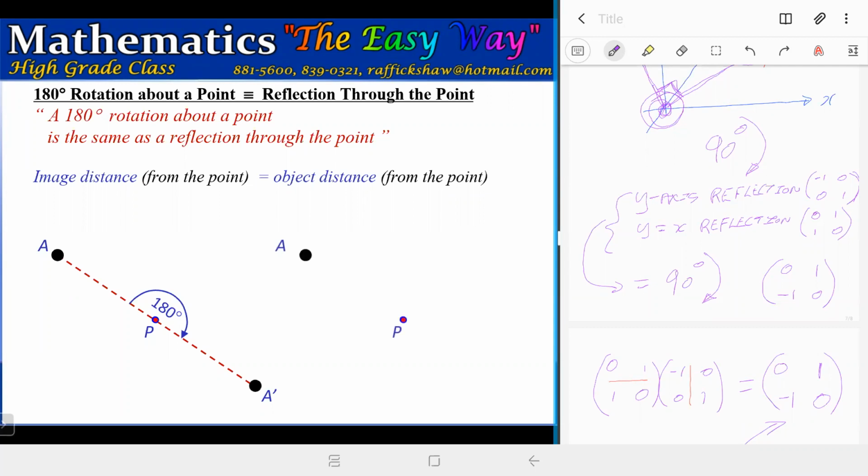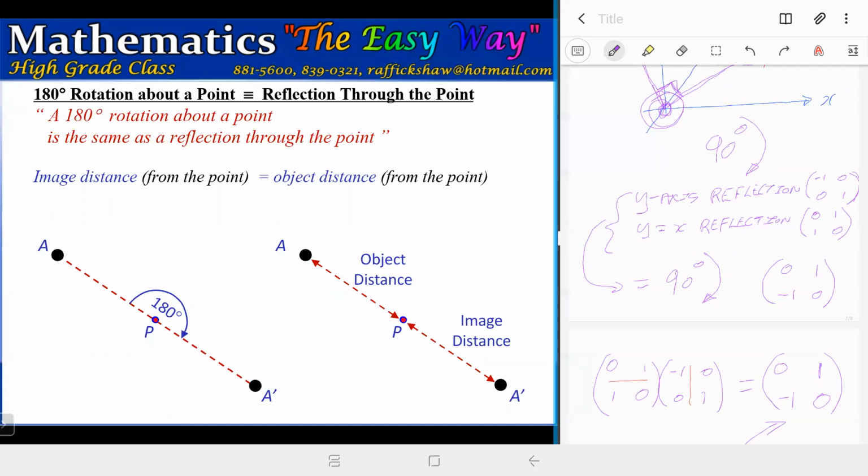Look at the second diagram now. I reflect through the point like that, and the result is the same. I use object distance equal to image distance. I just draw a straight line to the point, and I measure the same distance from the object point to the center, and from the center to the image point.